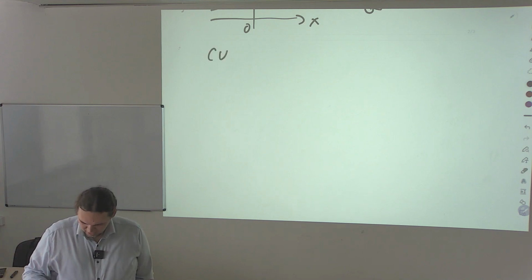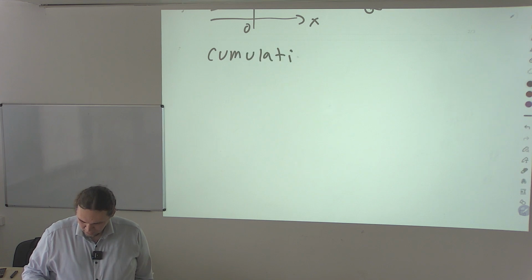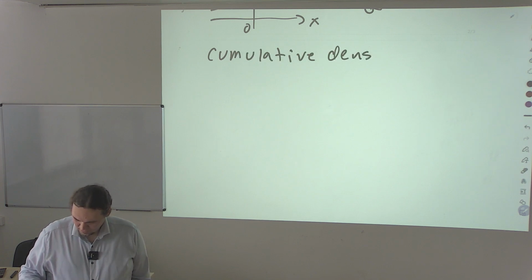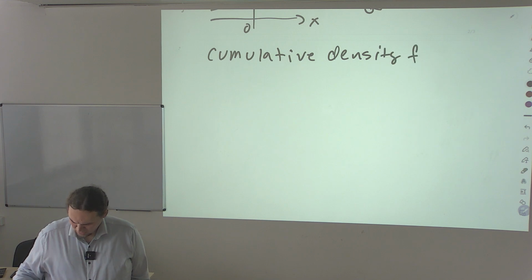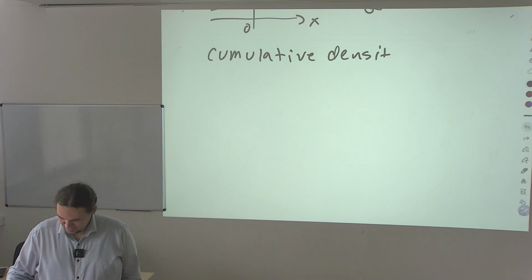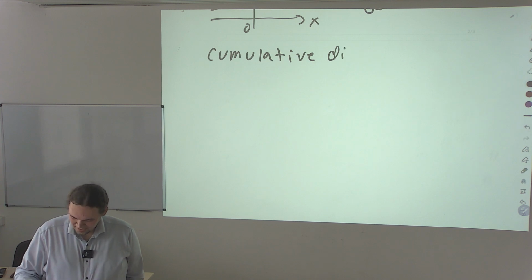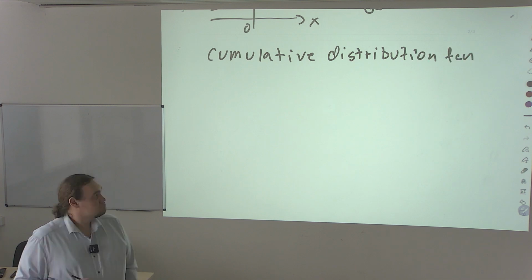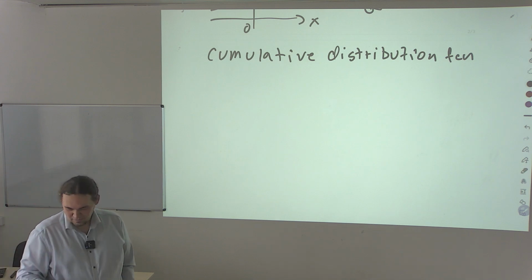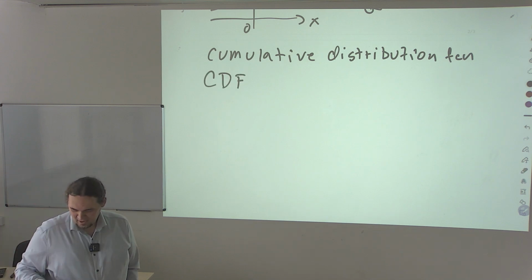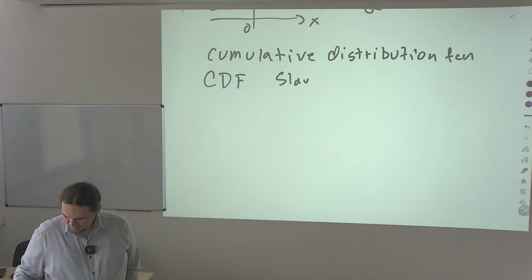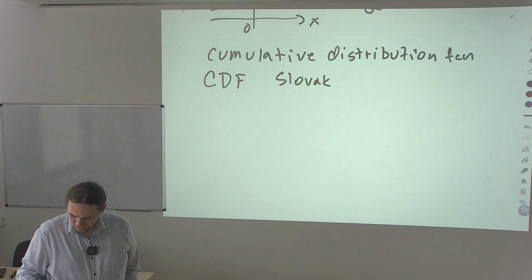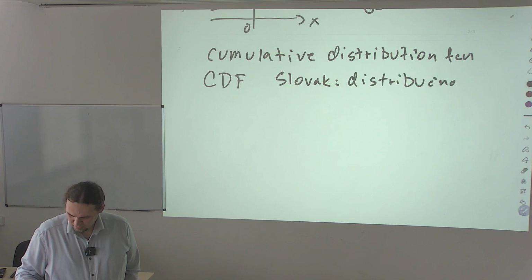This function is called the cumulative distribution function. Too much talking about density. Since before we had PDF, now we have CDF. And the Slovak term, this one is nice: distribučná funkcia.